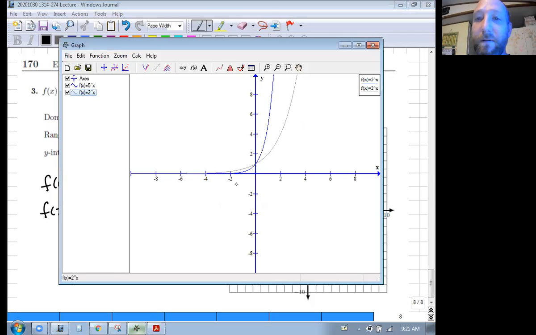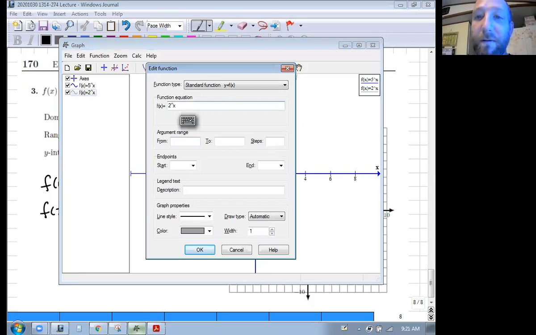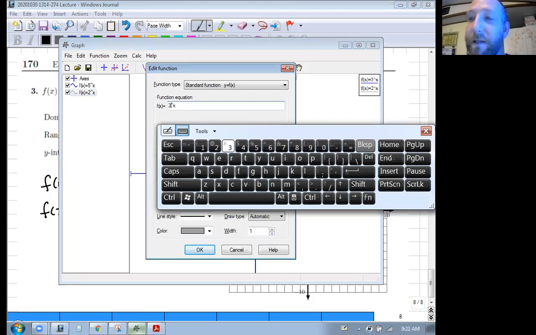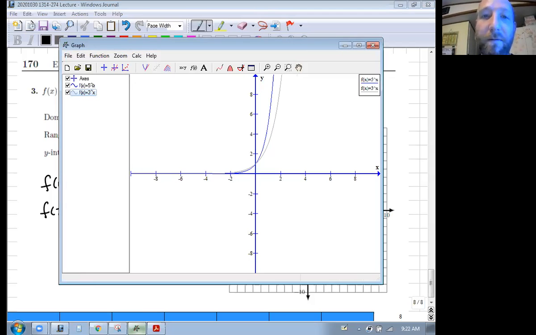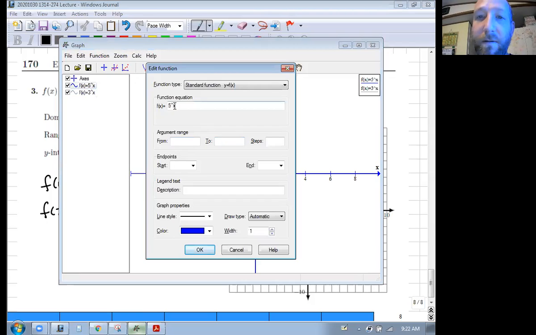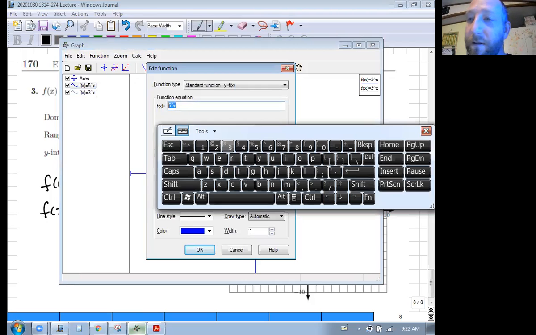We compare them here. Let's do 3 to the x and 3 to the negative x.